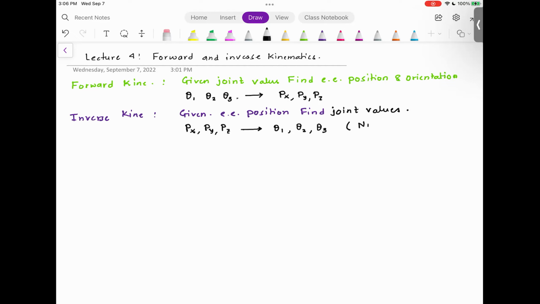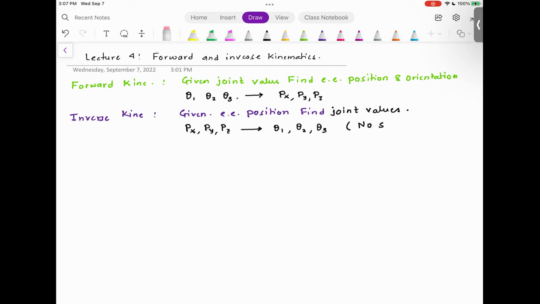You can have no solution, which means, for example, this Px, Py, Pz is outside the reach of the robot. If you have a robot arm, the maximum reach of the robot arm is here, but your Px, Py, and Pz is outside the work envelope of the robot. So clearly, no amount of calculation will get you that result.